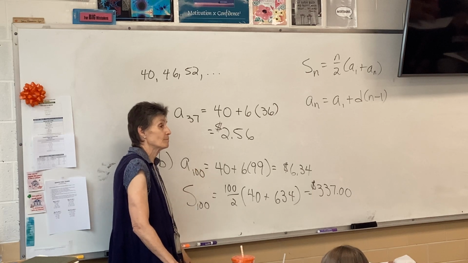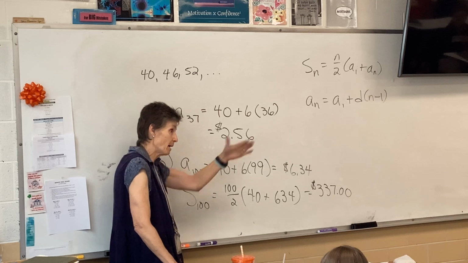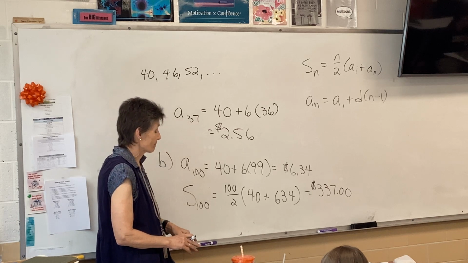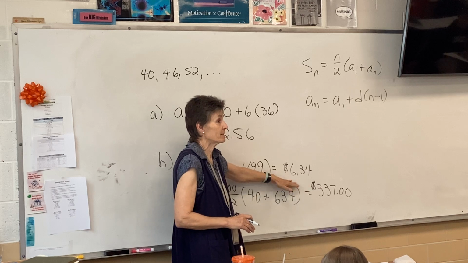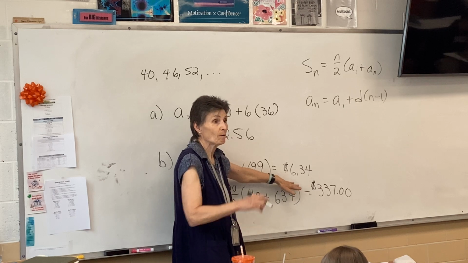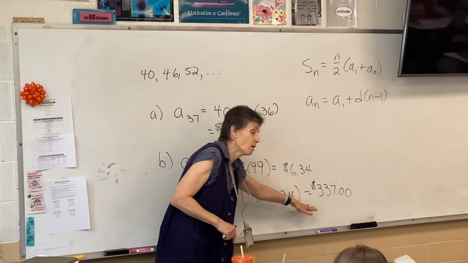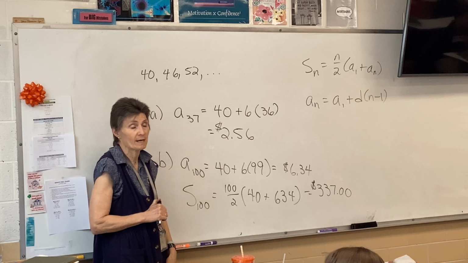Oh, I see. We found one day, we would find every single day. Yes. This is how much you save on the 100th day. This is how much he puts in the bank on the 100th day. This is how much he has put in over the course of 100 days.